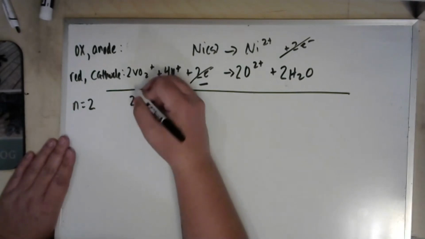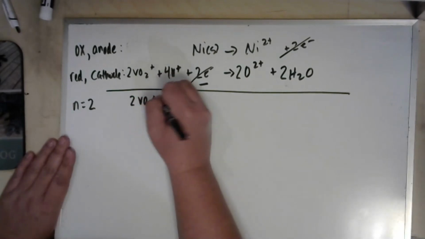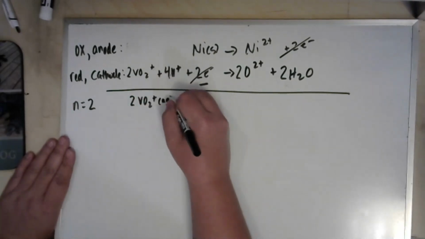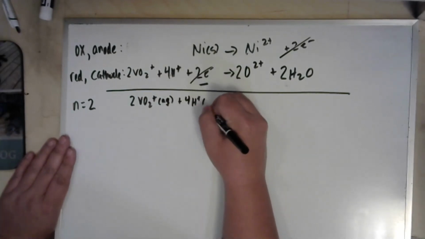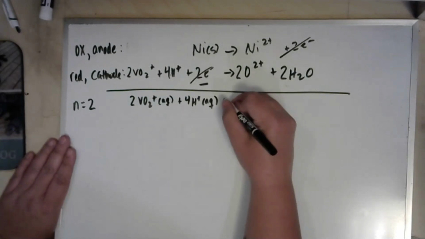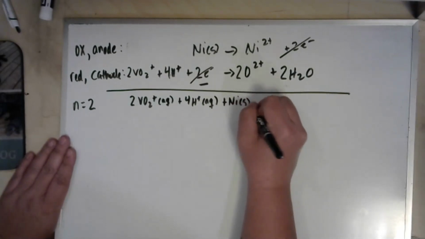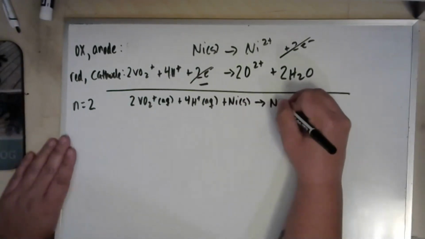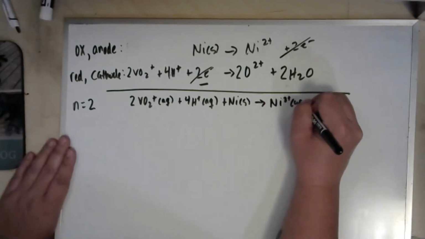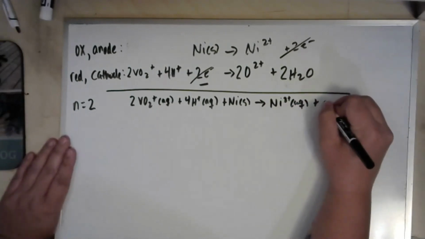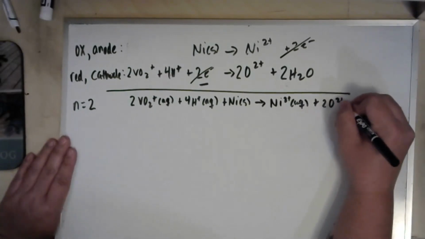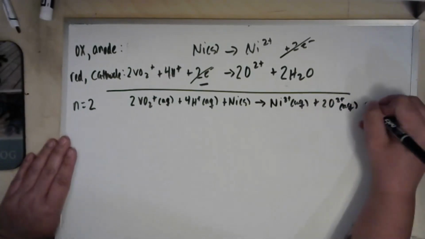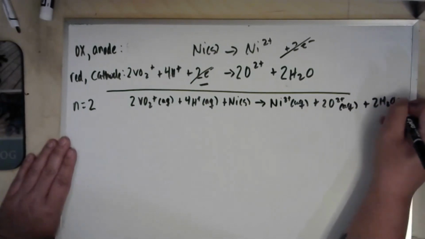And I end up with 2 VO2 plus aqueous plus 4 H plus aqueous plus nickel solid produces nickel ion aqueous plus 2 VO2+ aqueous plus 2 H2O liquid.